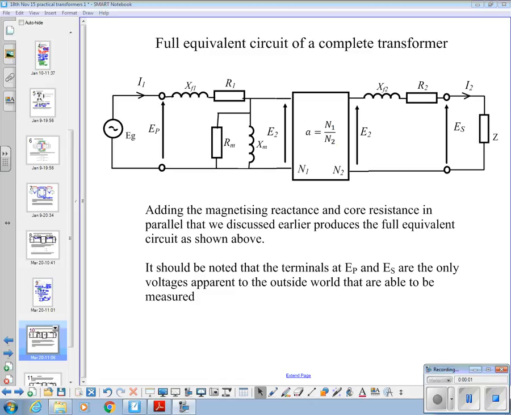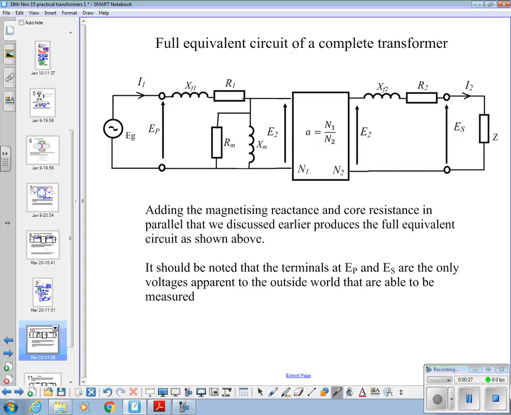So, what we've done is developed a complete model that will represent a real transformer. In that model, we've got RM and XM together representing the core losses, the magnetizing current and the heating current in the core.